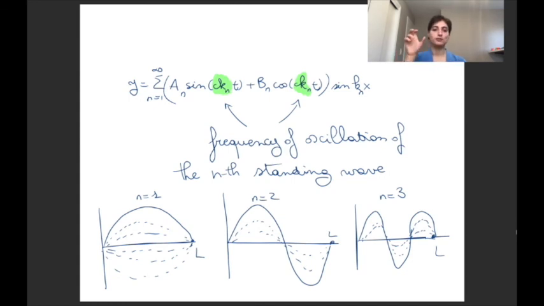This frequency is the frequency associated with the standing wave with a given n. And you can think of n equal to 1 as the wave that has just one tip, one half of a wave, really. N equal to 2 is a full sine. N equal to 3 has 3 wiggles, and so forth. So the higher n, the more wiggles you have in your sine kn x, and the part that depends on t just tells you how fast it's oscillating over that.